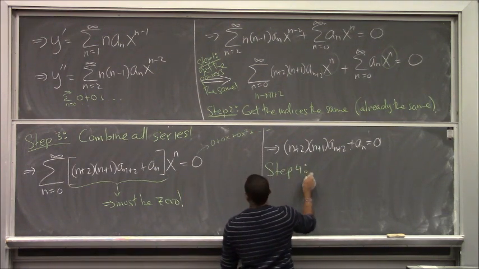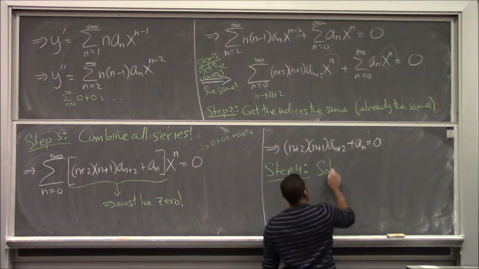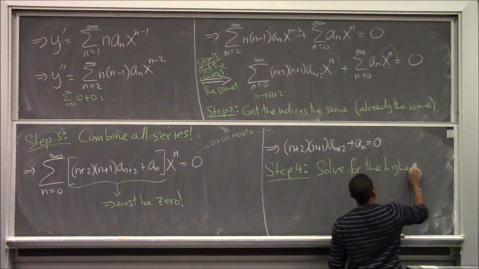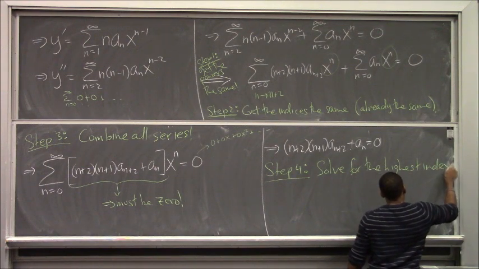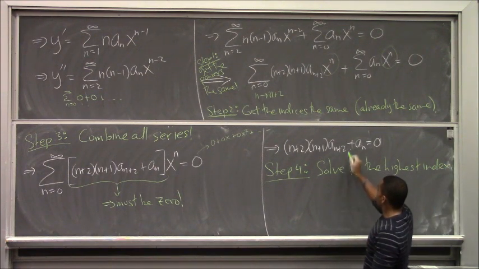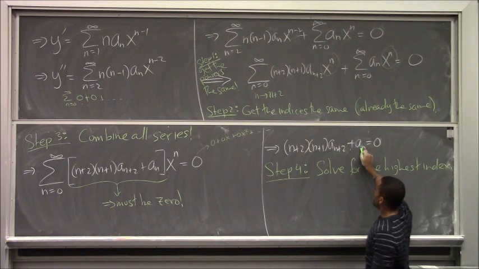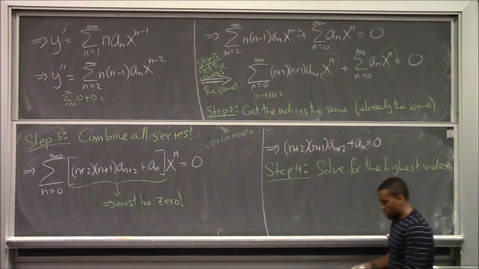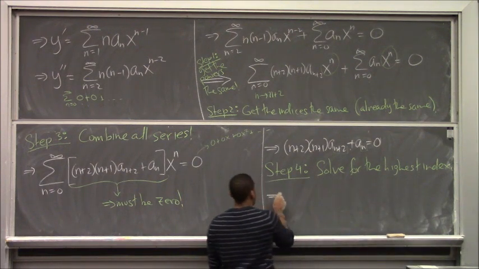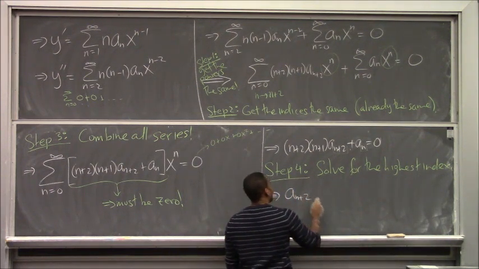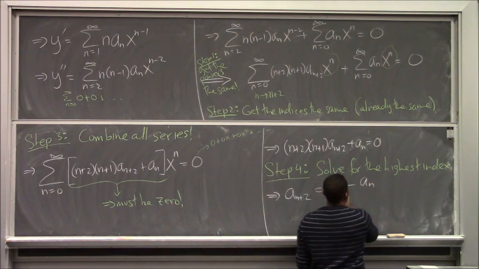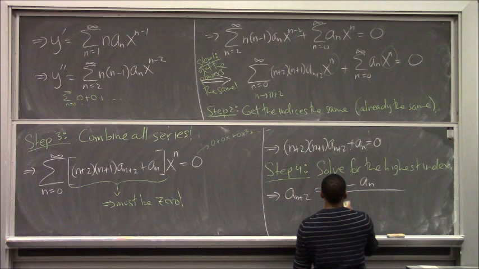Step 4: solve for the highest index. Here I have n plus 2 and n as the indices. N plus 2 is the bigger one, so I'm going to solve for a_(n plus 2). You'll notice this is minus a_n over (n plus 2)(n plus 1).